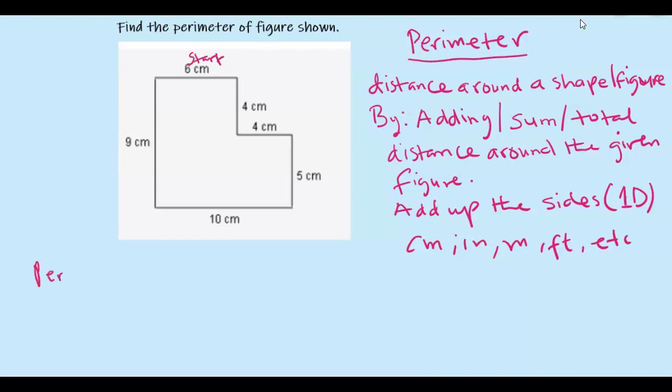So the perimeter is 6, and then we add 9, and then plus 10, and then plus 5, and then plus 4, and then plus 4. So we put all together. So 6 plus 9, 15, plus 10, 25, 30, 34, 38 centimeters.